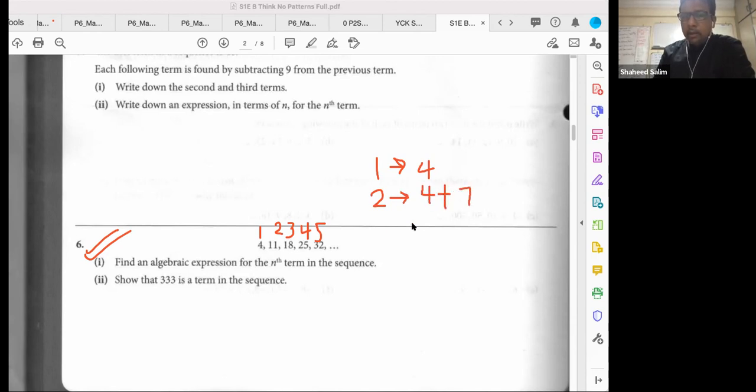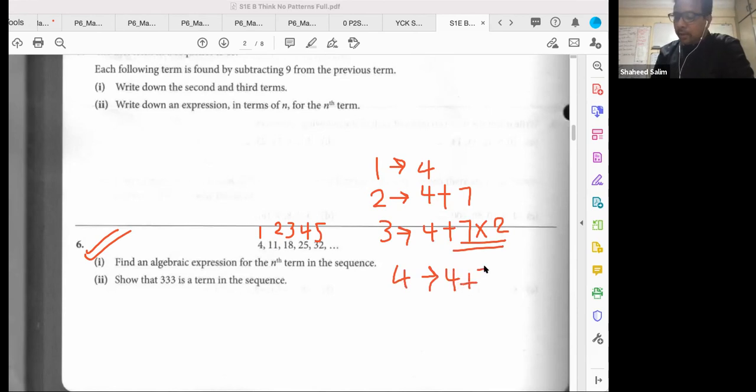Third term, 4 plus 14. What is 14? 7 times 2. Fourth term is 25. What is 25? 4 plus 21. What is 21? 7 times 3.